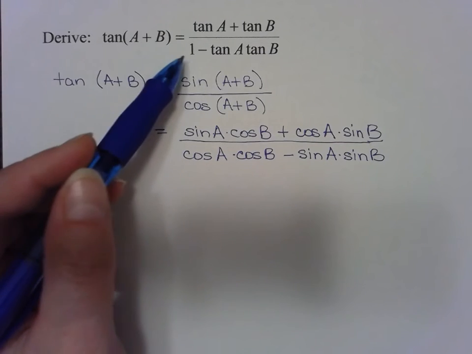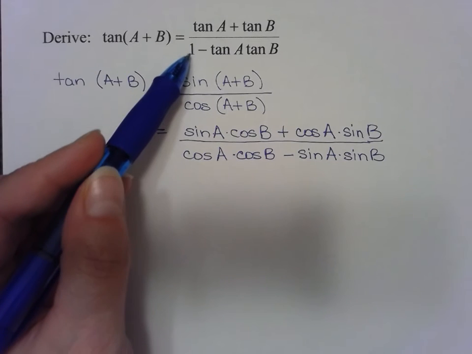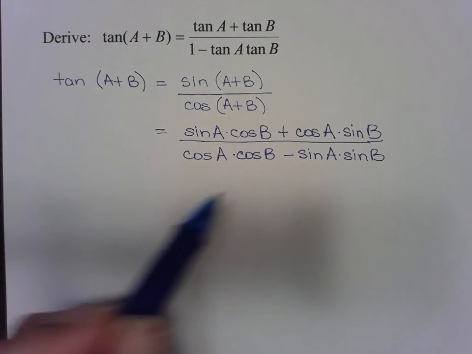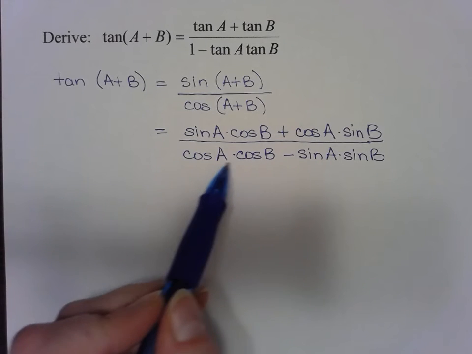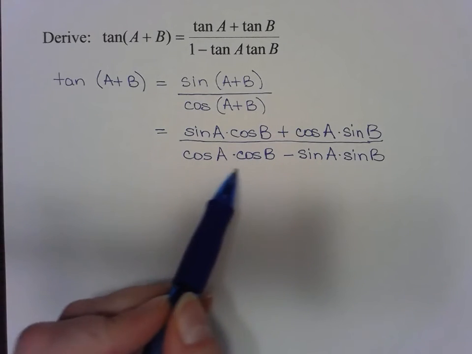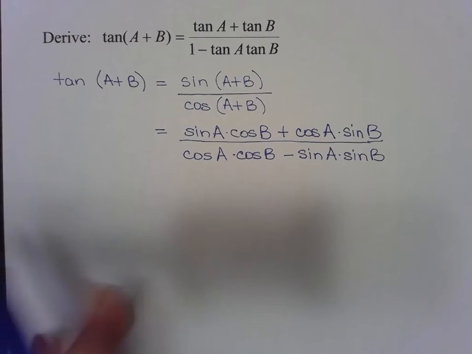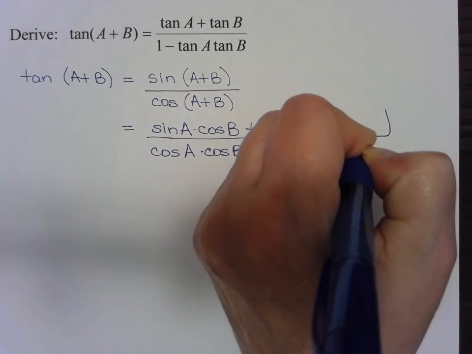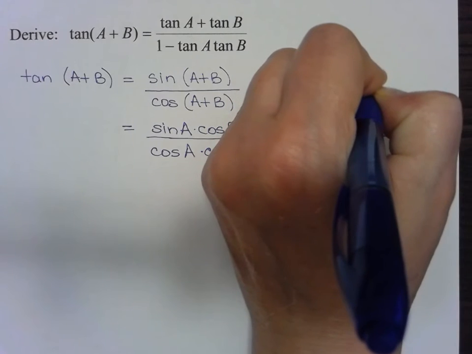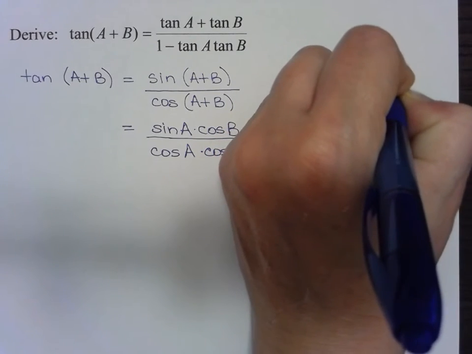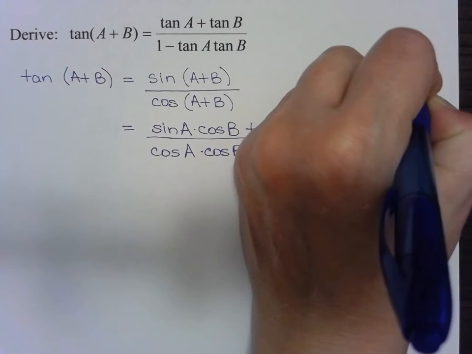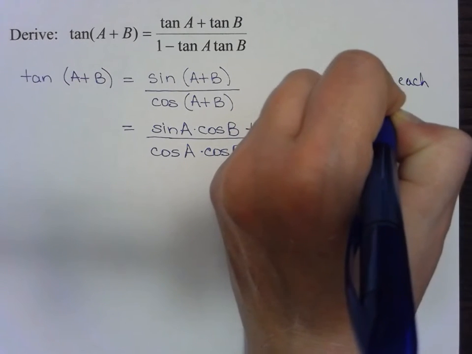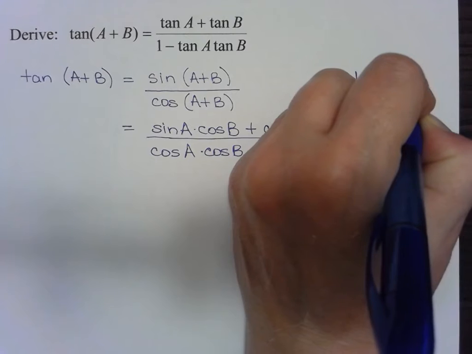And our goal is to try and get a 1 here, if we're going to verify this identity. Okay, so what we're going to do is divide everything by cosine of A times the cosine of B. Let me jot that off to the side. We're going to divide each by cosine of A times the cosine of B.